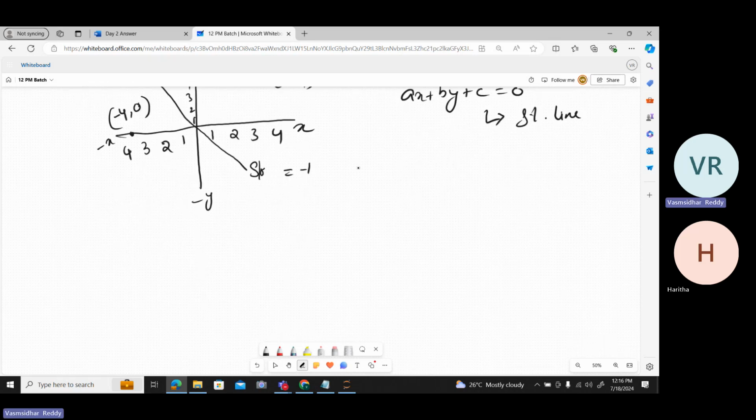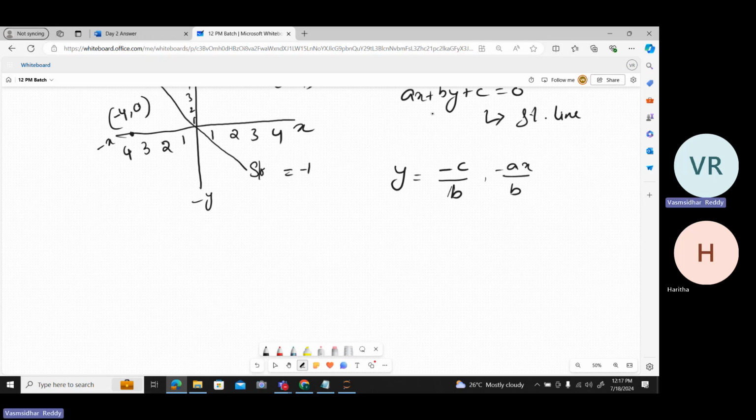Now y equals minus c divided by b, minus ax divided by b. Can we write it like this?